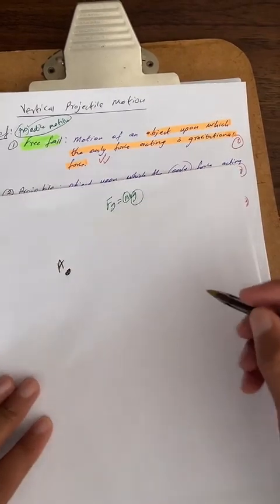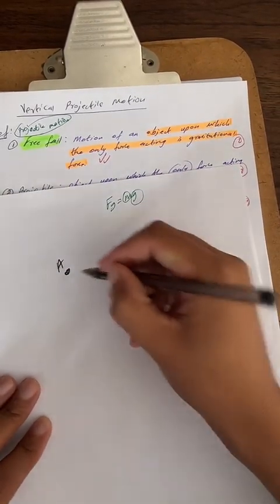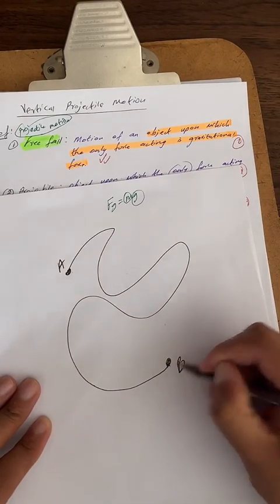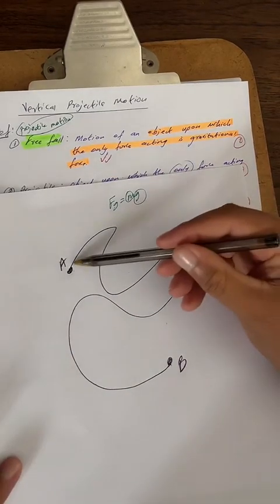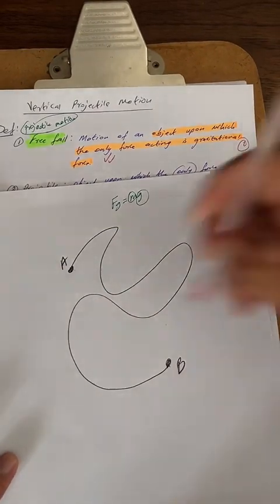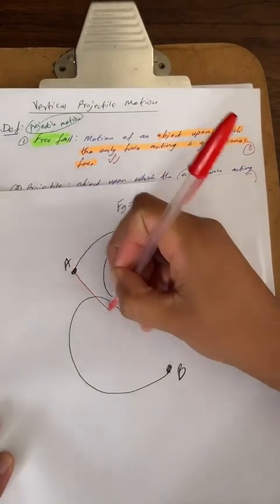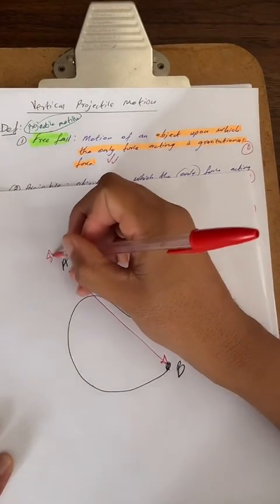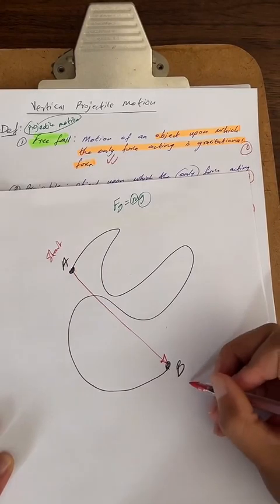If this is point A, the object moves between the 2 points, point A and point B, like that. This whole thing will be the distance, and the displacement will be the straight line between the 2 points, starting from where it starts. This is the start, and this is where it ends. It stops.